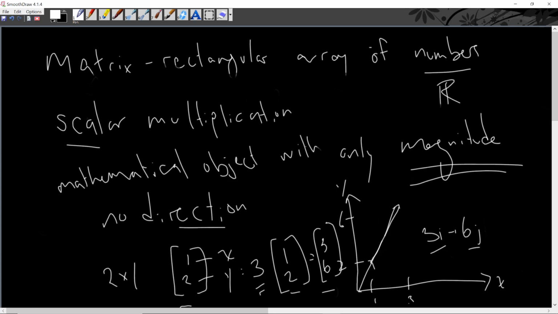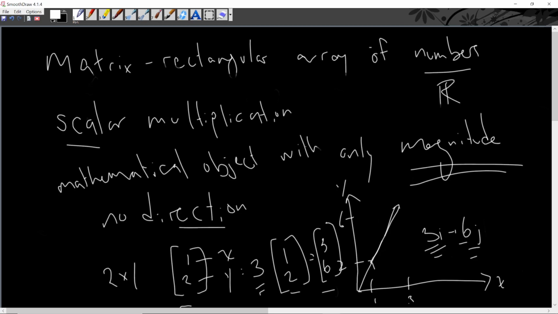It'll always be in the same multiples of i and j. In this case it was multiples of 1 for i and multiples of 2 for j, but every scalar simply scales those i's and j's. They do not change the values. This cannot be like 3 plus 5j or 2 plus 6j, because you are scaling it by a factor of 3.